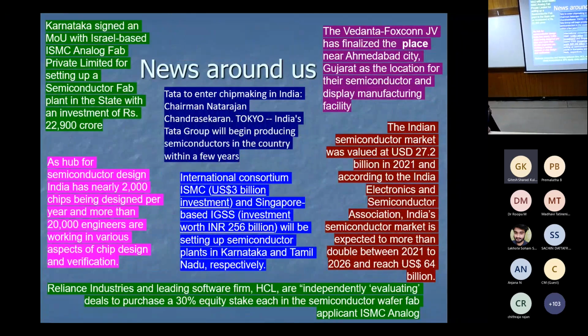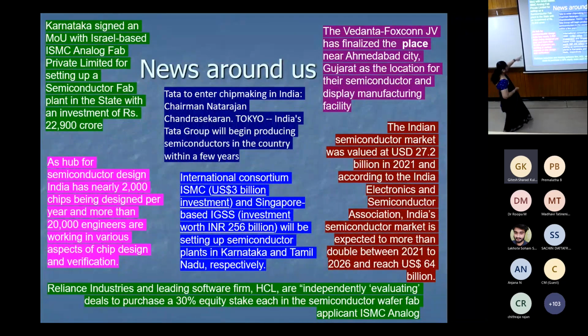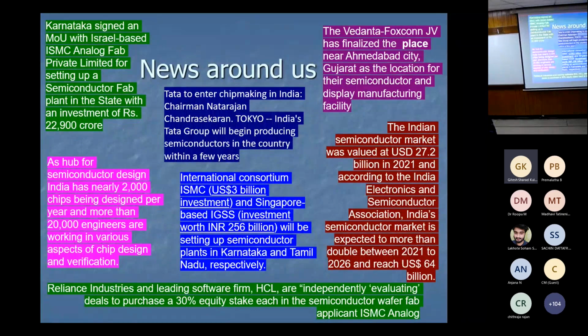Now, some more news. Even in Karnataka, we are getting an analog design fab house in Mysore. That's news. And then 2,000 chips are being designed every year from various design houses in India. Right? Can you believe that? 2,000 designs. You can see each design takes so much effort, right? And these are all complex designs.